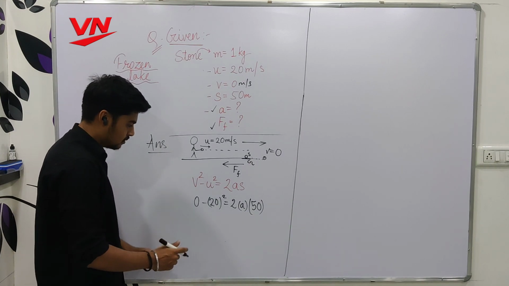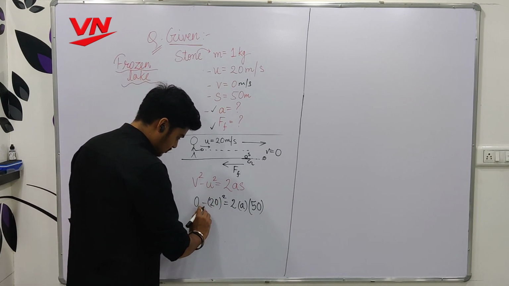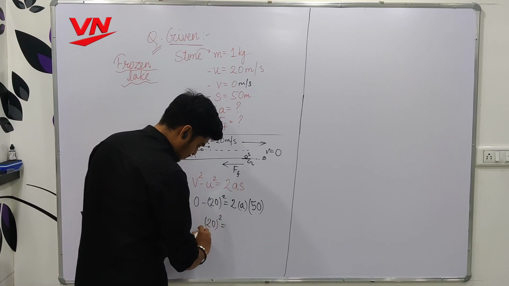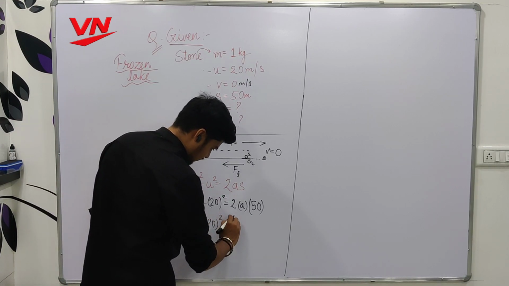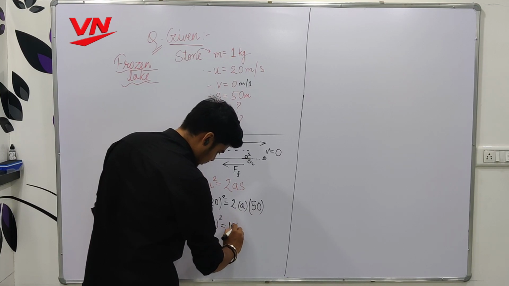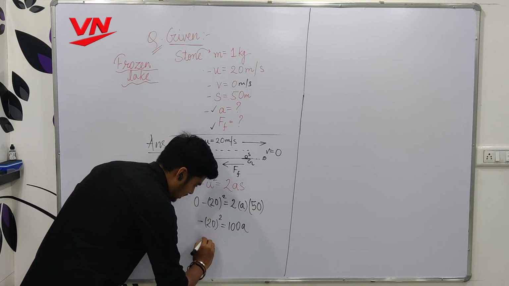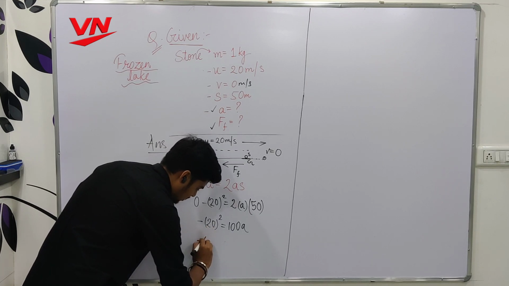0 minus 20 square will be, minus, 2 times 50 is 100a. What will be the square of 20? 400.